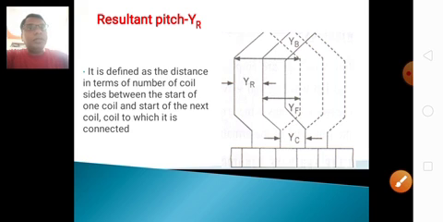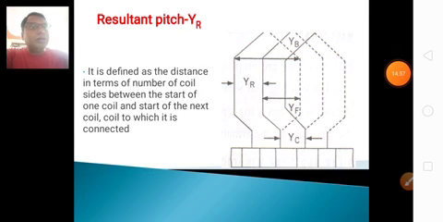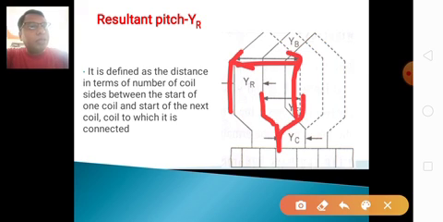Resultant pitch is the distance in terms of the number of coil sides between the start of one coil and the start of the next coil to which it is connected. Here these two coil sides are known as back pitch, and the coil sides at the same commutator segment are known as front pitch.